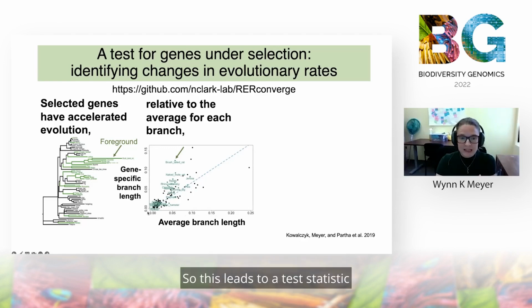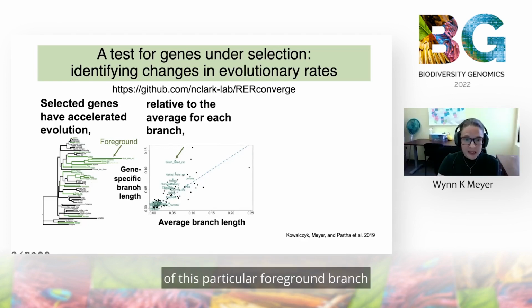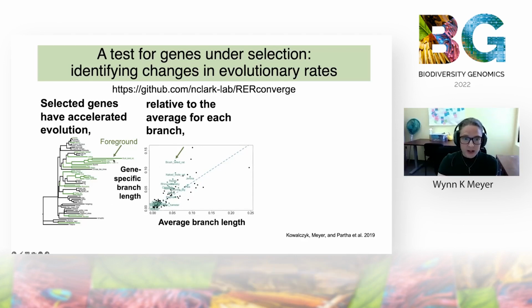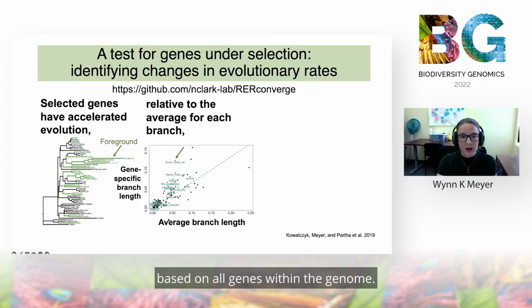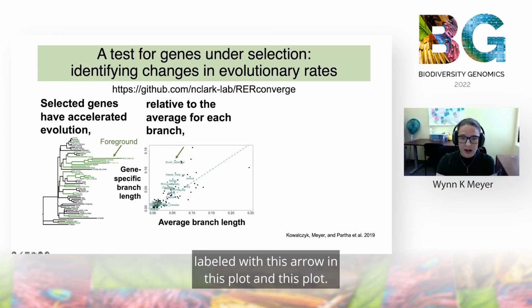So this leads to a test statistic of this particular foreground branch for this particular gene with the expectation based on all genes within the genome. So this is the same foreground branch labeled with this arrow in this plot and this plot.